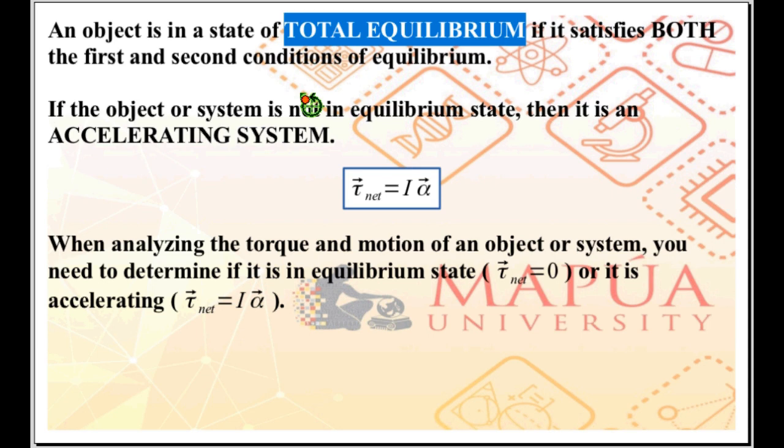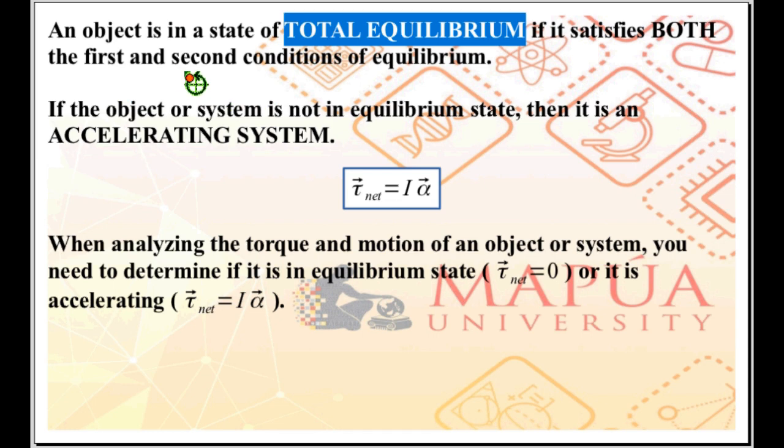If the object or system only satisfies one of these conditions, for example, if F net is equal to 0 but torque net is not equal to 0, then the system is in equilibrium only in the linear motion. It only satisfies the first condition of equilibrium. If F net is not equal to 0 but net torque is equal to 0, then the system or object is only in equilibrium in the angular motion.